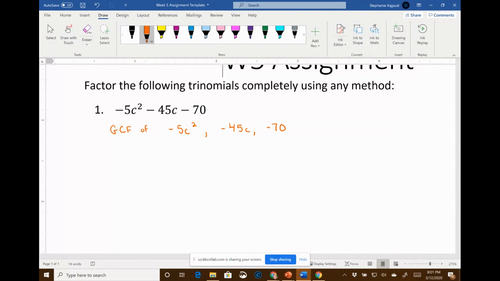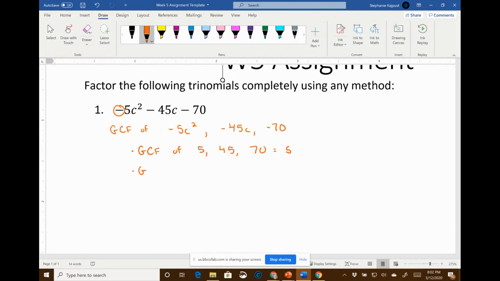The key is the numbers and the fact that our GCF here is going to have a negative. So when I look at the greatest common factor of the numbers, let's just look at 5, 45, and 70. So 5 only goes into 5. So the question is, does 5 go into 45 and does 5 go into 70? 5 does divide into 45 and it divides into 70. So our greatest common factor here is 5.